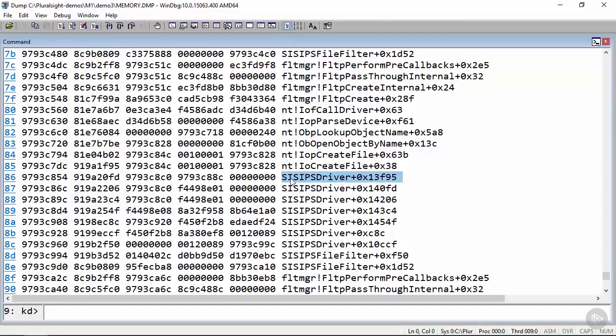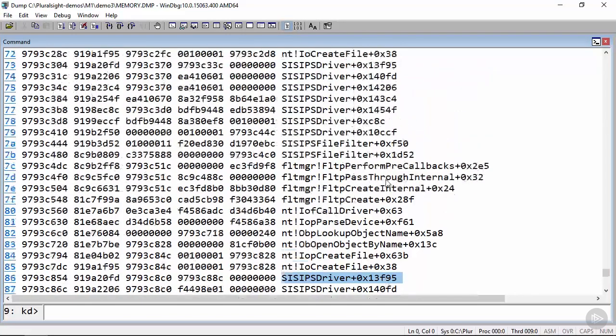This is the corresponding SIS IPS driver, not the filter, but just the regular driver. Notice that offset, 13F95. Now, if we scroll up looking at the stack, we could see that same offset within that driver. So it appears to be recursively executing these functions.